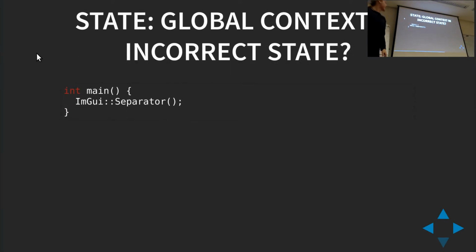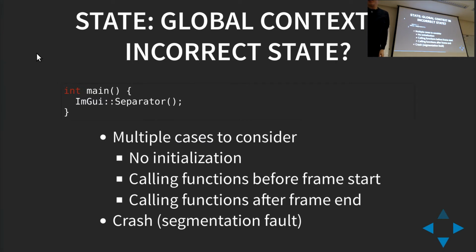Another thing is that since you can call this at any point, what if you just make a C++ program that has nothing else? You just call separator. What happens? There's actually multiple cases. The first thing is that there's no initialization at all. Nothing has been done. And then there's what happens if you call this function before you've started a new frame, and also what if you call this function after a frame has ended, so it has been rendered.